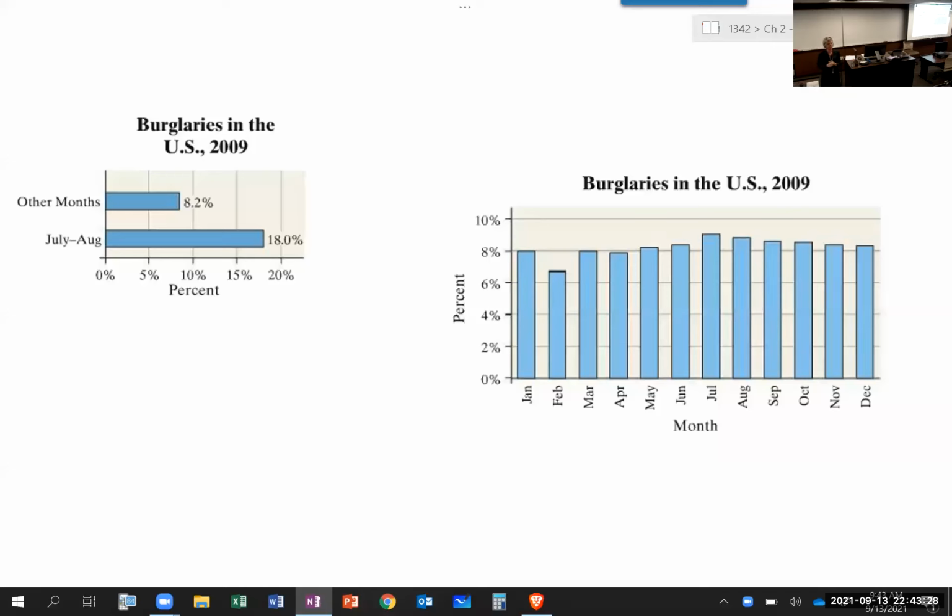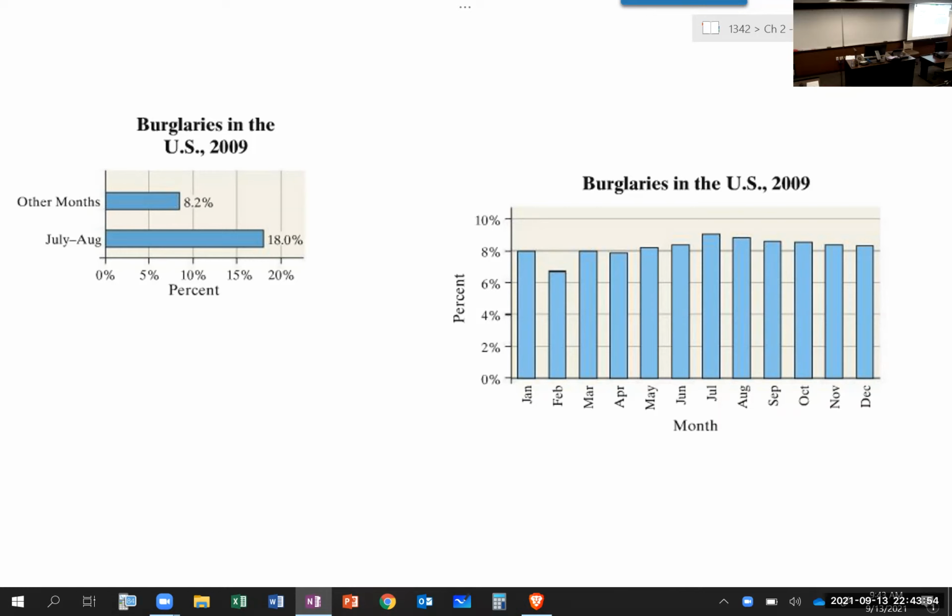Going back to bin size, the bins are not even. How are they not even? One's covering all the months, and one has July, August, and then other months. One is a generalized overview of the year, and the second one actually breaks it down.